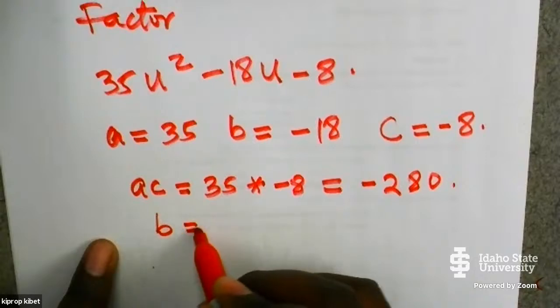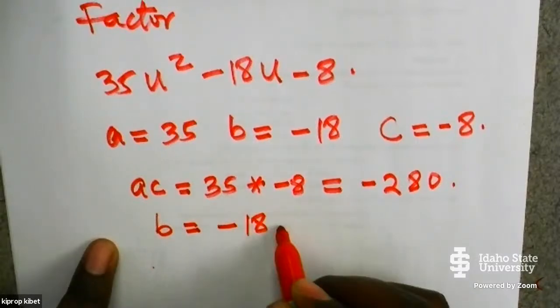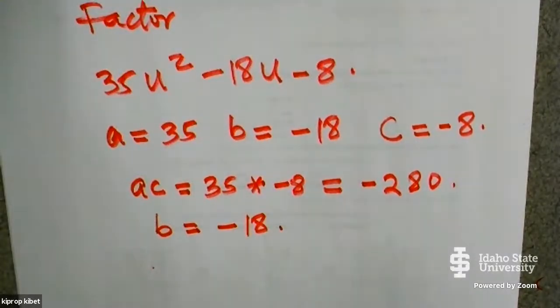Then B equals negative 18. Now, what are the two numbers in which the product is negative 280 and the sum is negative 18? Negative 28 and 10.